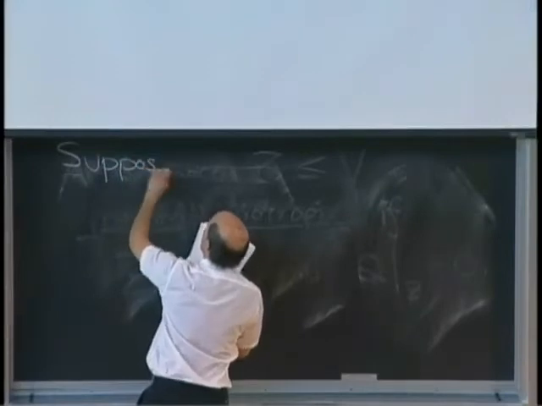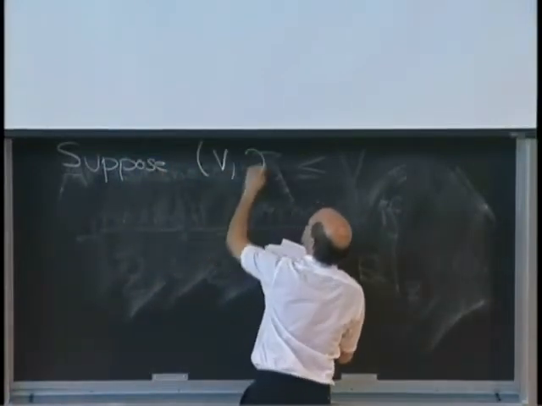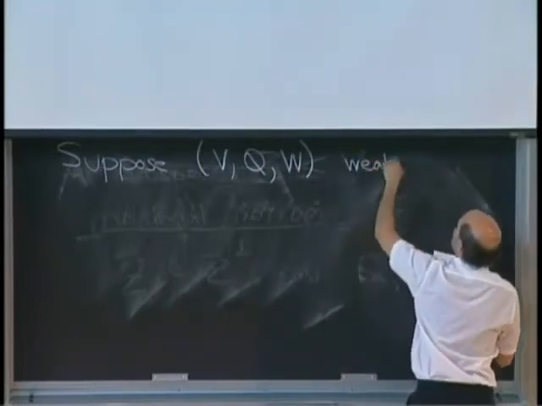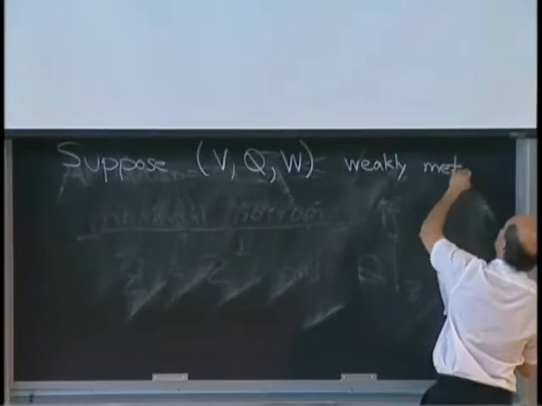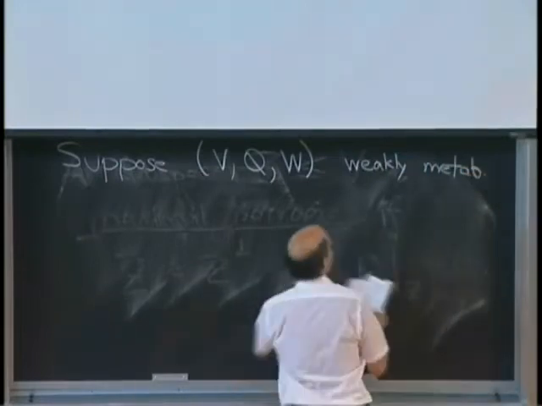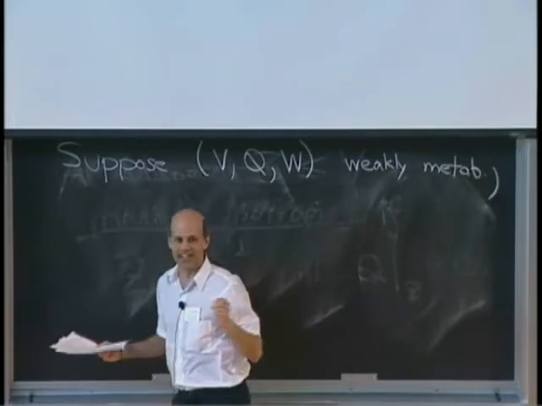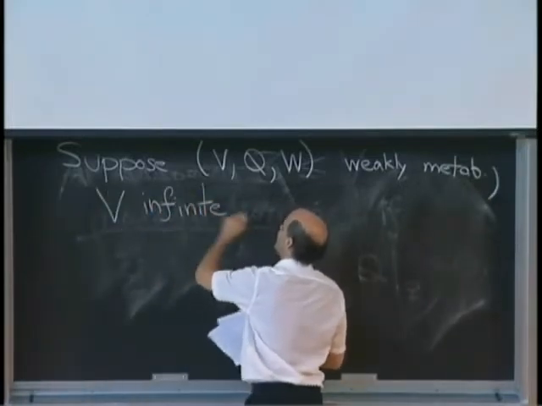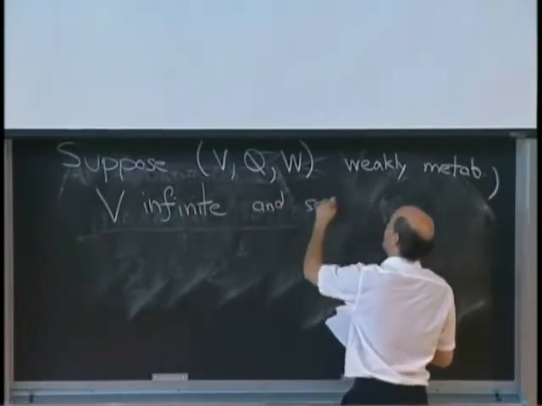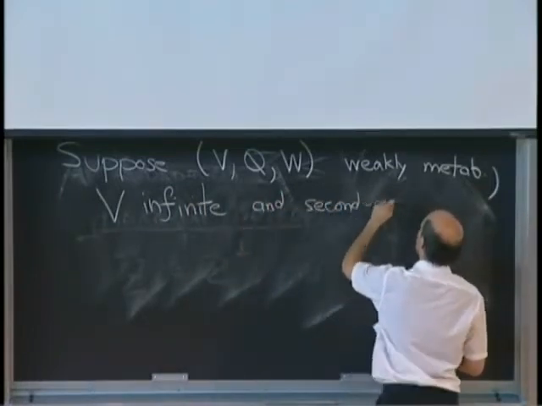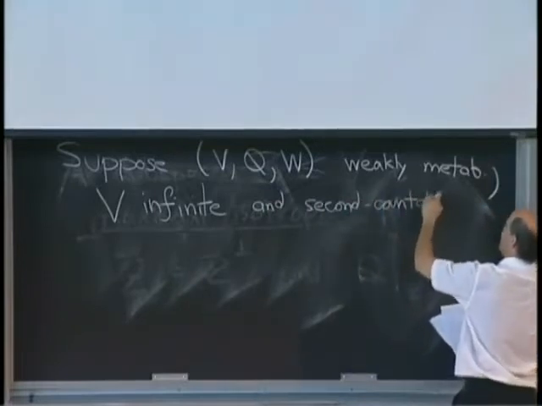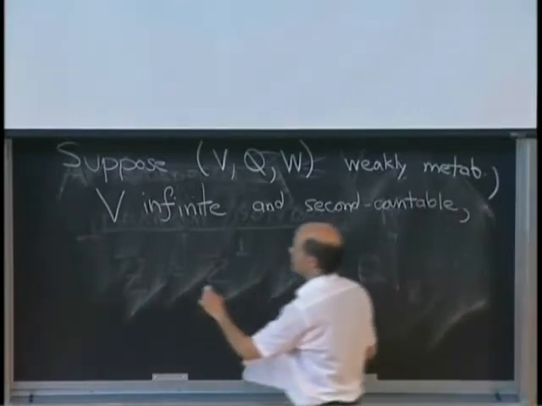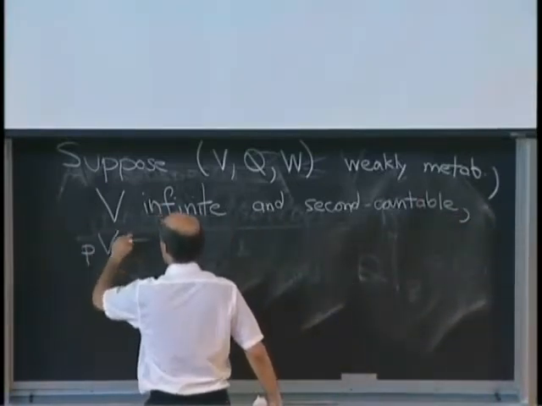Now I'm going to suppose that I have one of these, but I also want to assume that V actually is infinite, but it's not too big. It should be second countable, which means that the topology has a countable basis. It's just some technical condition, don't worry too much about that. And I'll also want to assume that V is an F_p vector space, so it's killed by p.